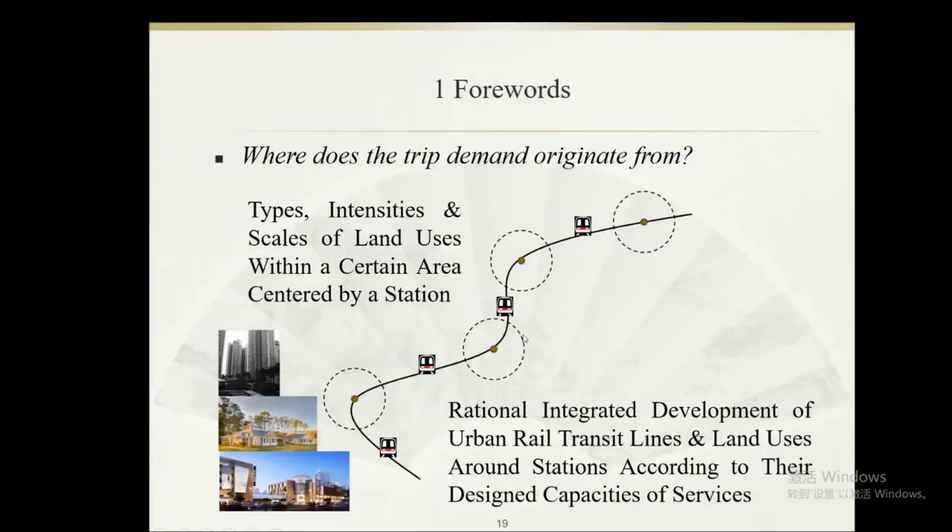Rational integrated development of the urban rail transit lines and land uses around stations according to their designed capacities of services. What does it mean? First, consider the capacity of a station. The capacity of a station determines what kind of land use around the station there should be and how big. And we believe it's about 800 meters.